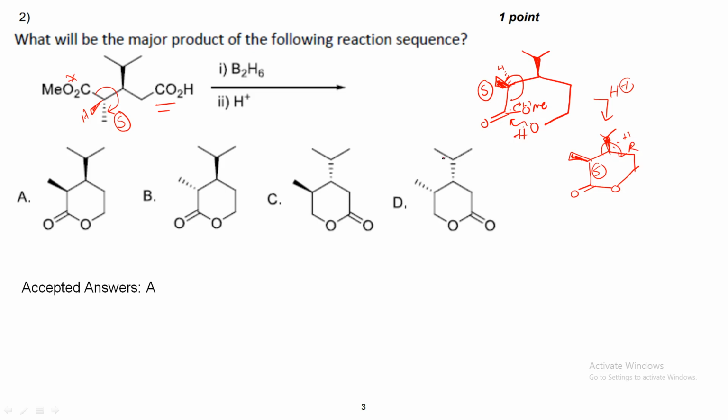In this way we can easily assign, but here you can just directly correlate it with the given moiety, and it's just matching with it.